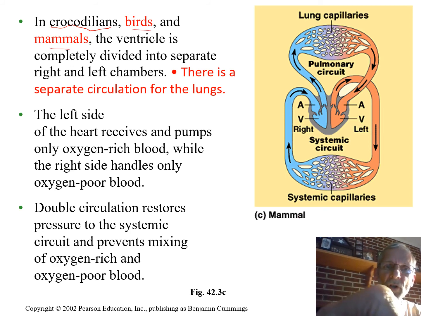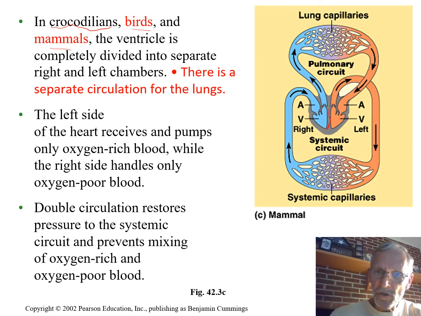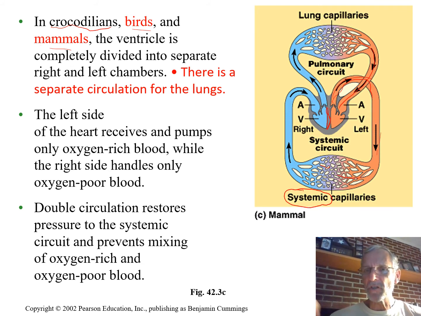Birds and mammals, which remember evolved from reptiles, right? Those three groups evolved a four-chambered heart where simply the ventricle is also divided into two, and we have a more complete separation of oxygenated blood coming in this case from the lungs, and going out to all of the other capillaries that are collectively called the systemic circuit, because this is the rest of the system, right?